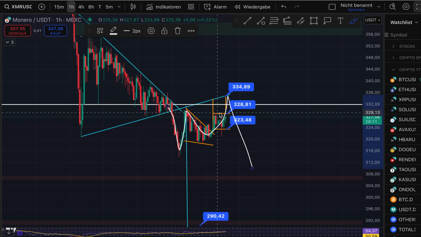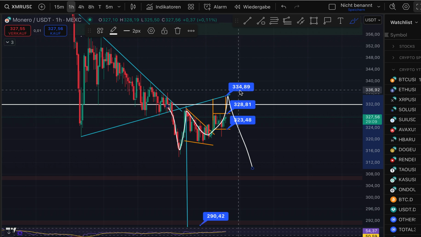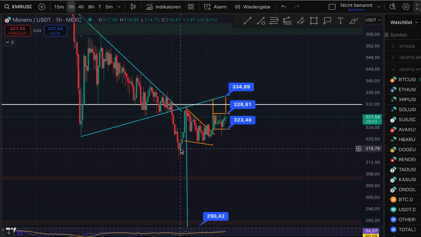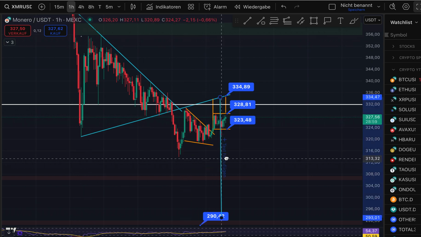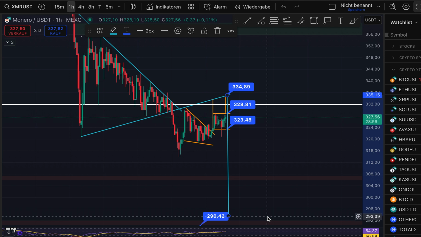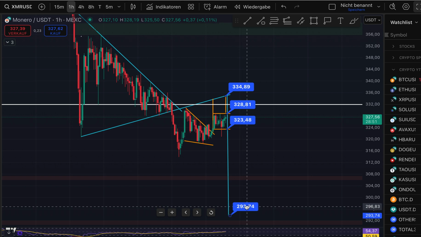So if this is going to happen, if we get to 330, let's round it up to 335 US dollar, then we just put the target of that triangle to the second retest point. Target then is 294 US dollar. So the target didn't even change a lot.